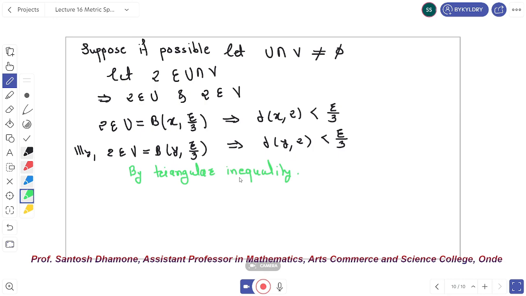And hence U intersection V is empty, which completes the proof.